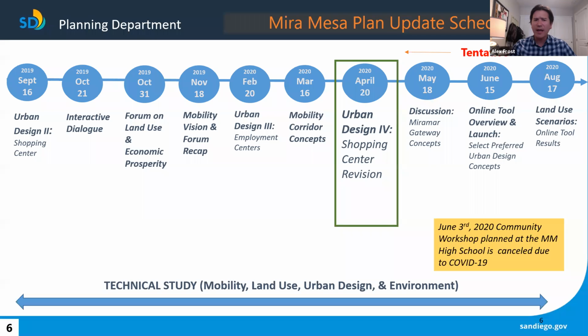Based on that result, the planning department will prepare several land use scenarios by mid-August for further discussion. So that's the near-term agenda. A lot of things are up in the air right now, so it's tentative, but that's the plan. Next slide.